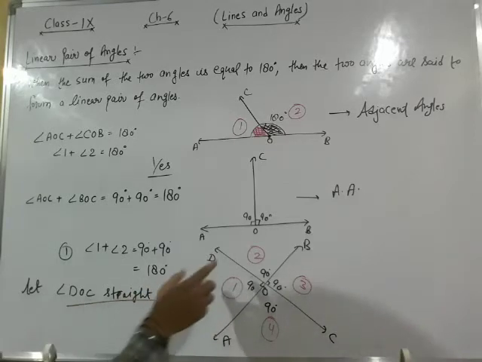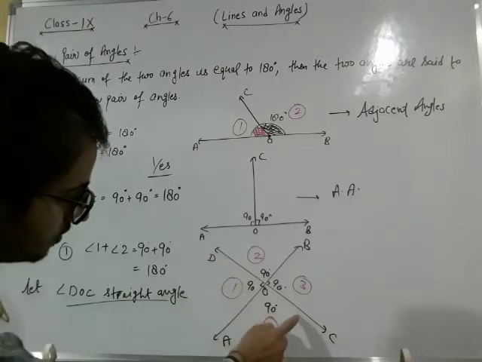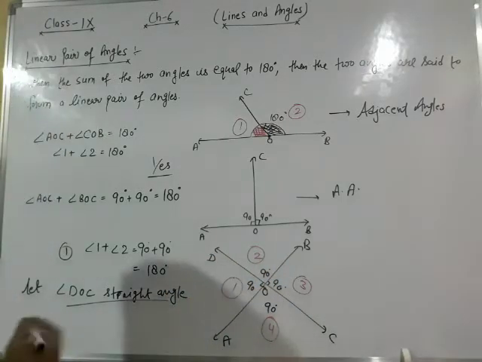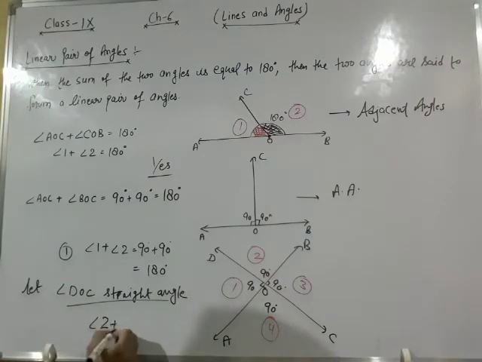If we are considering angle DOC, the sum of angle 2 plus angle 3 will be equal to 90 plus 90, which is 180 degrees.